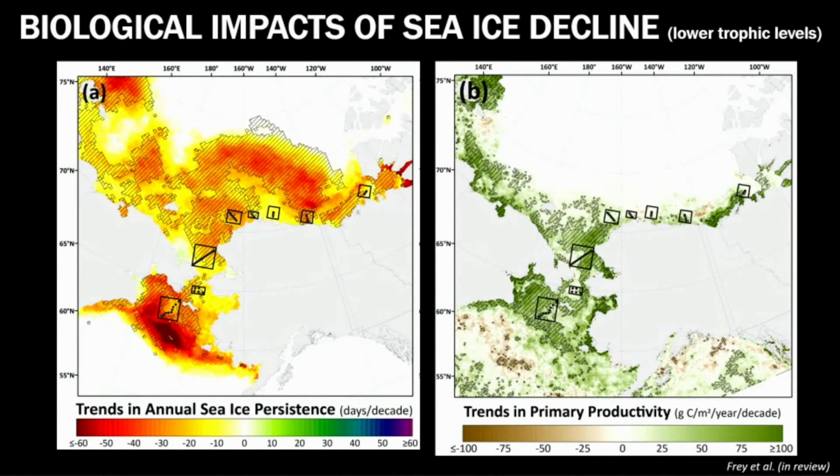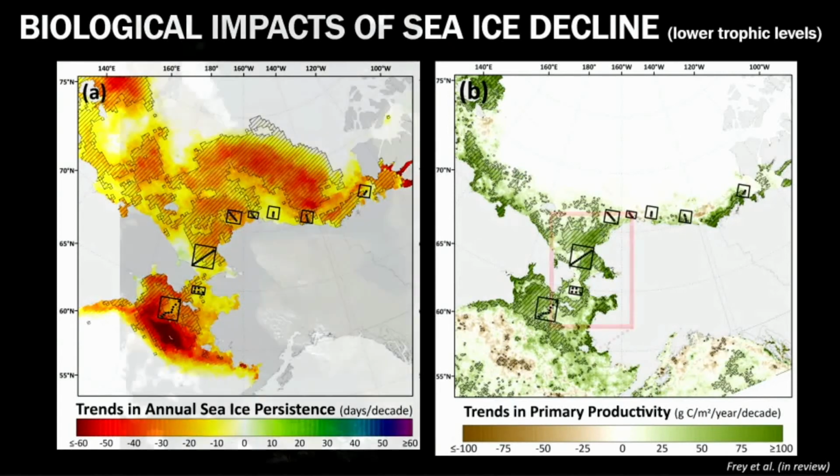But in those really deep areas of red, this is a 20-year record. Per decade, we're losing up to about 60 days of sea ice cover per year, which means over the 20-year time series, we're losing 120 days, or 4 months, of sea ice cover. So it's massively changing not only the physical systems of these areas, but the ecosystems that rely on these physical environments in the first place.